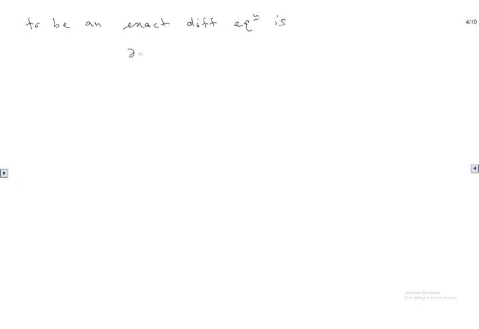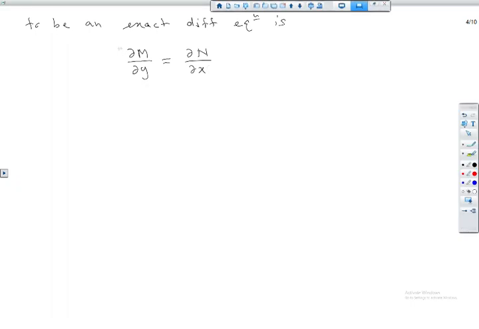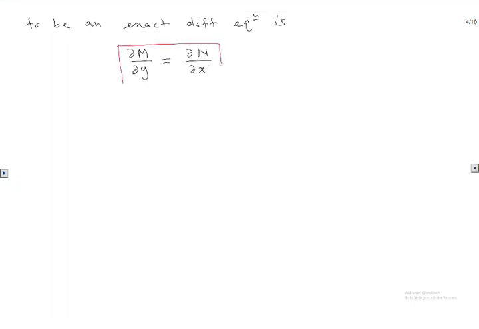It is ∂M over ∂y, the other variable, equals ∂N over ∂x. So that is the condition that it needs to satisfy. Remember, it's the other variable. So the M part, you're going to take the derivative with respect to y. The N part, that's the y part, you're going to take the derivative with respect to x.